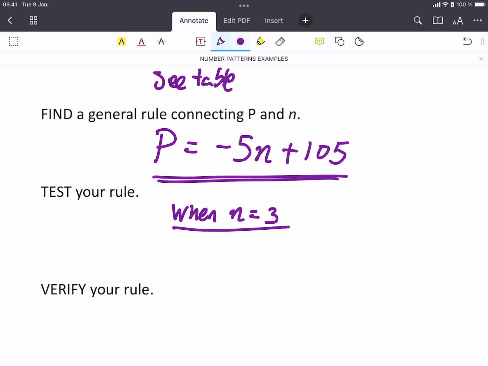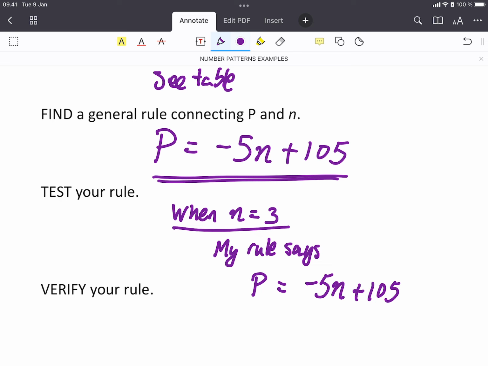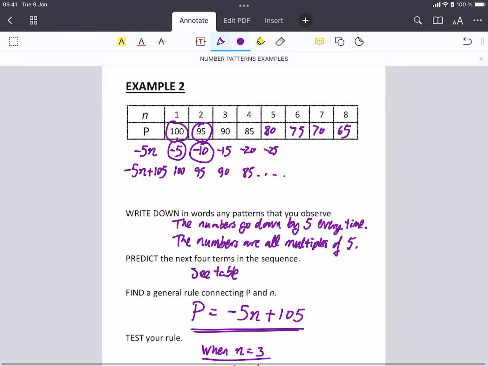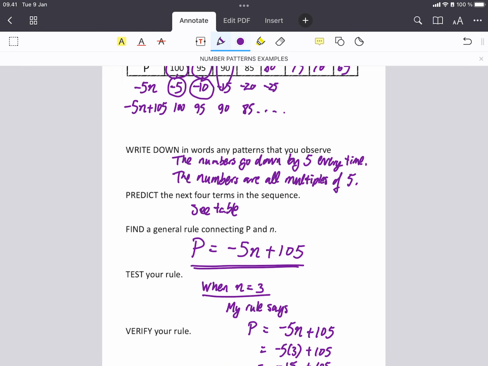When n equals 3, my rule says P equals minus 5n plus 105 equals minus 5 times 3 plus 105 equals minus 15 plus 105 equals 90. And if I look at the table, when n equals 3, we do get 90.